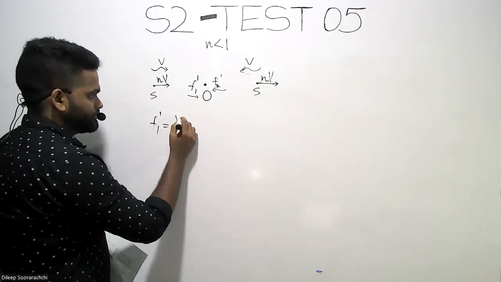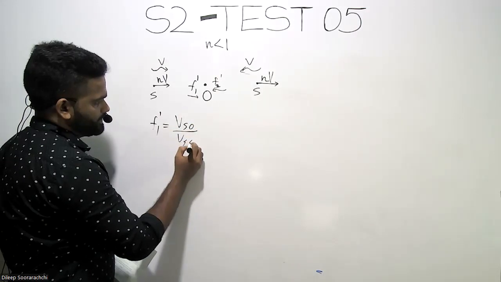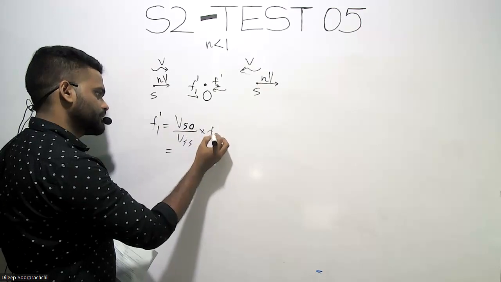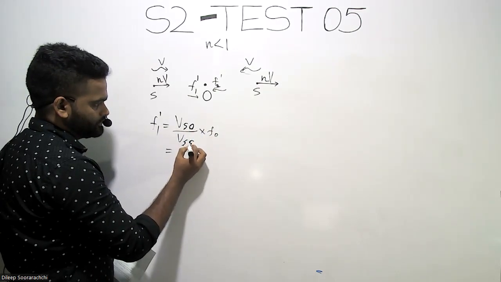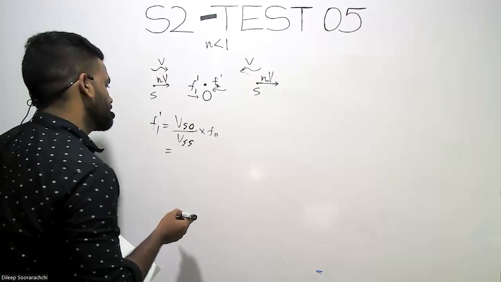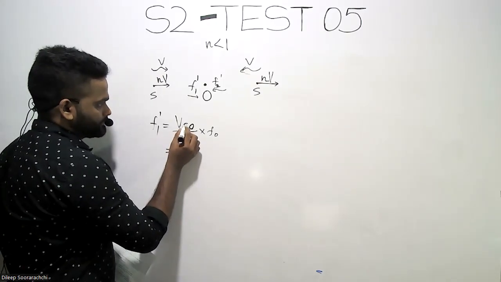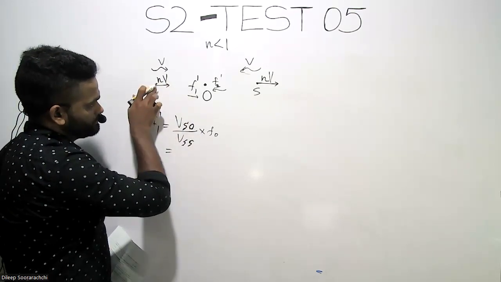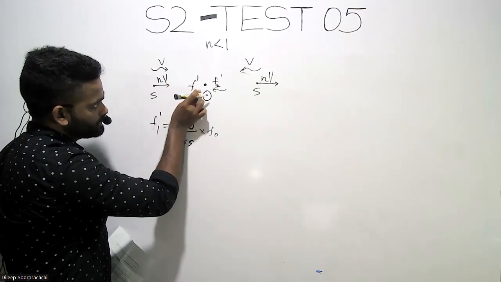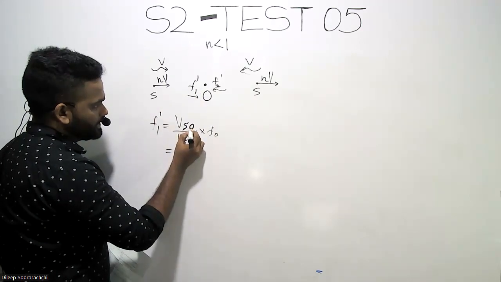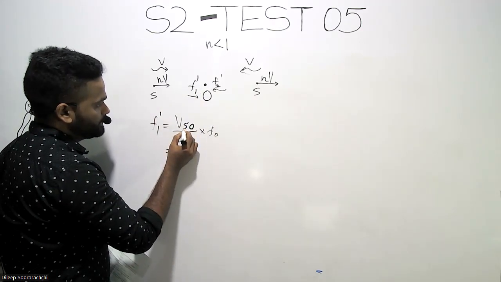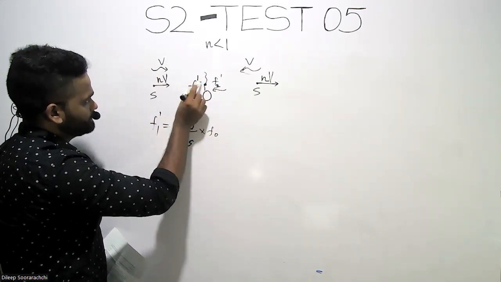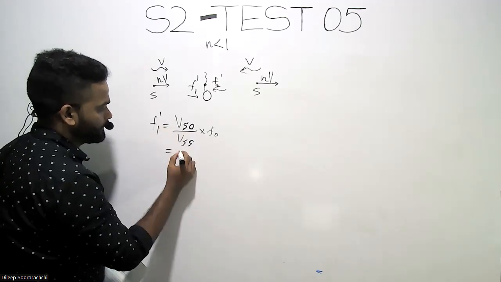So what's the equation? VSO over VSS, velocity of sound relative to observer, velocity of sound relative to source. First, this case means moving towards the observer. Velocity of sound relative to observer: the observer is at rest, so it is just the velocity of sound, that is v.